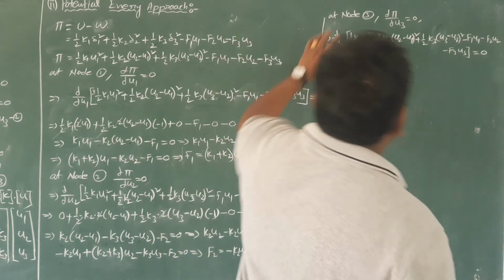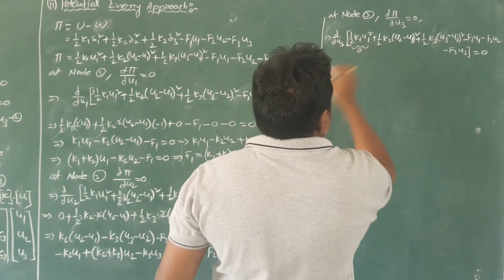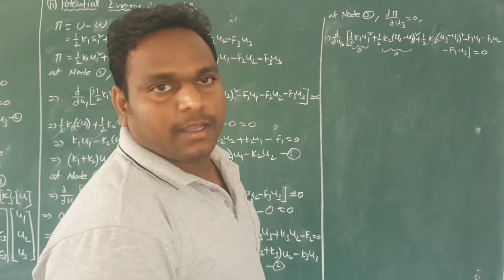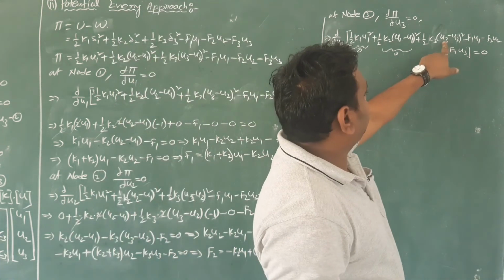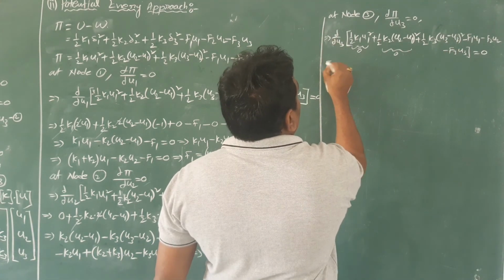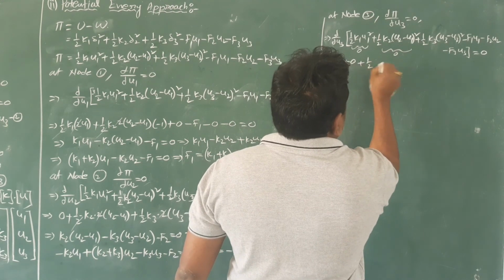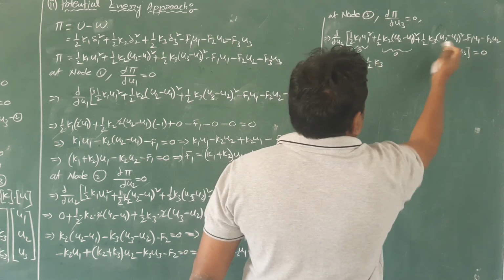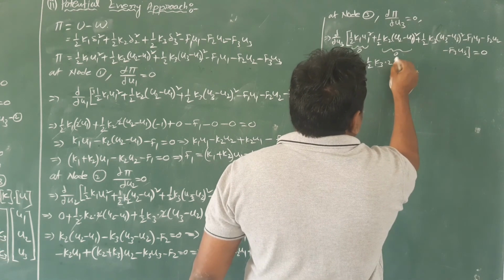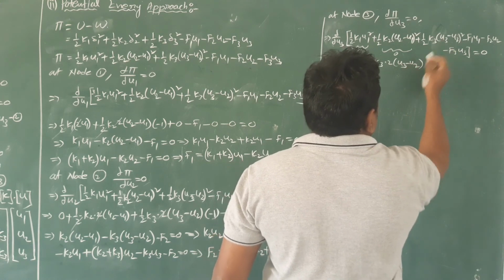Okay, now differentiate the entire equation with respect to u3. Here there is no u3, so it will become 0. Here also there is no u3, it will become 0. Here only one u3 is there, so for the k3 term, 1 by 2 k3 times the differentiation of x square is 2x, that is (u3 minus u2), and the differentiation of u3 is 1.